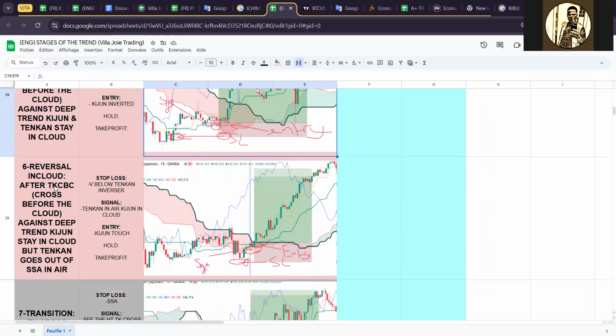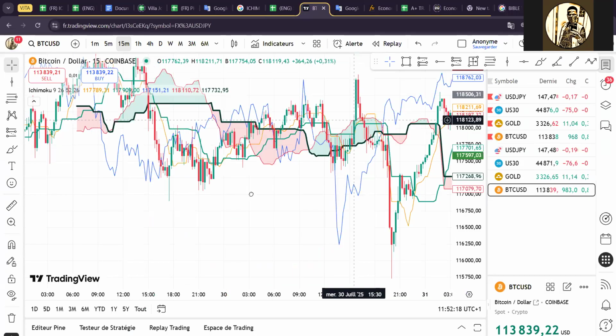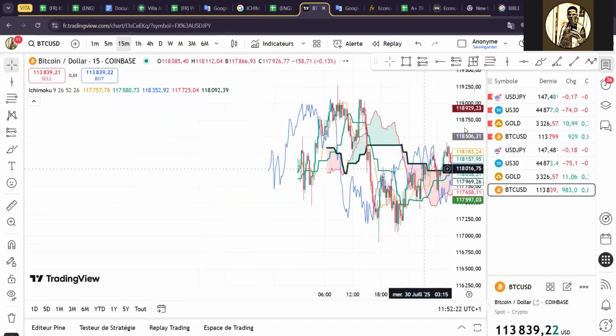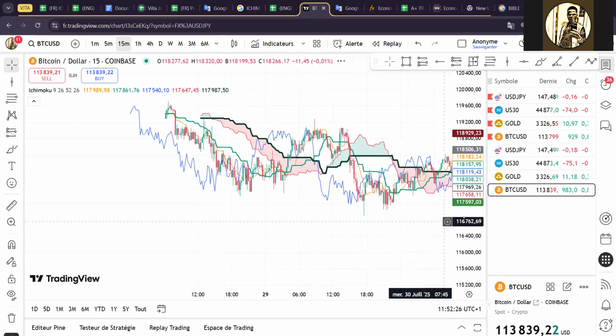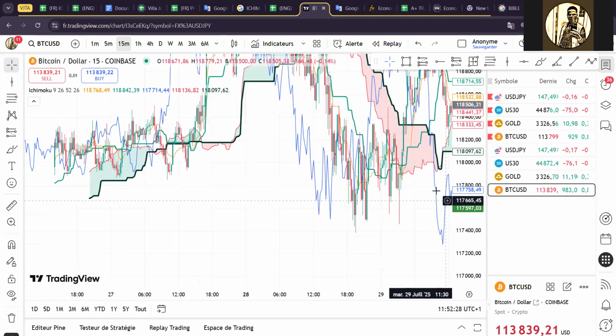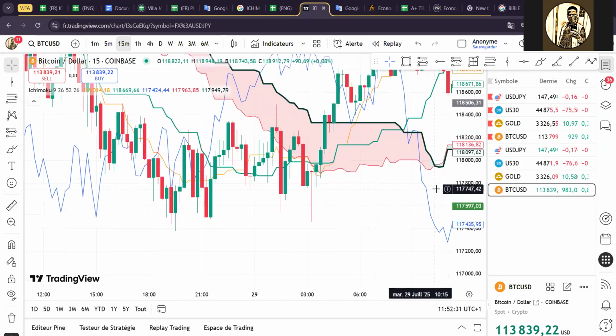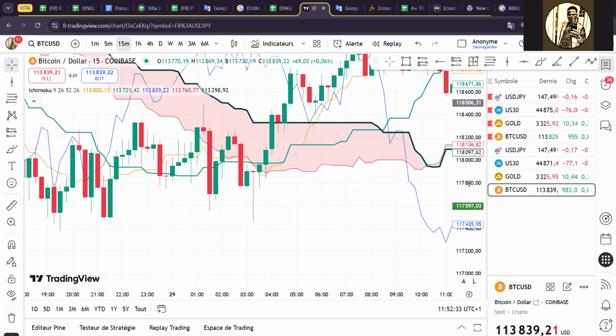Then let us go to reversal inside the cloud. TK cross before the cloud, against the cloud, Tenkan and Kijun stay in the cloud, but Tenkan now goes out of SSA, in the air. There are some places where Tenkan goes out of SSA in the air. We have something here.